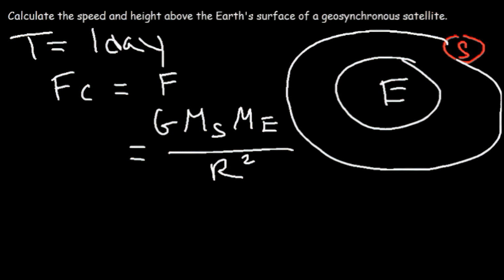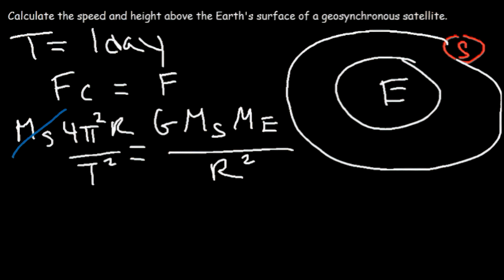So therefore, the centripetal force acts on the satellite because the satellite is moving in a circle. So the mass is going to be the mass of the satellite in the centripetal force equation. Now we're going to replace the centripetal acceleration with 4 pi squared r over t squared. So just like before, we can cancel the mass of the satellite instead of the mass of the Earth.